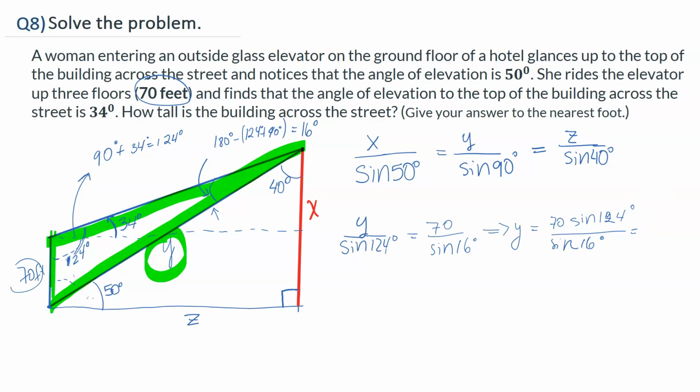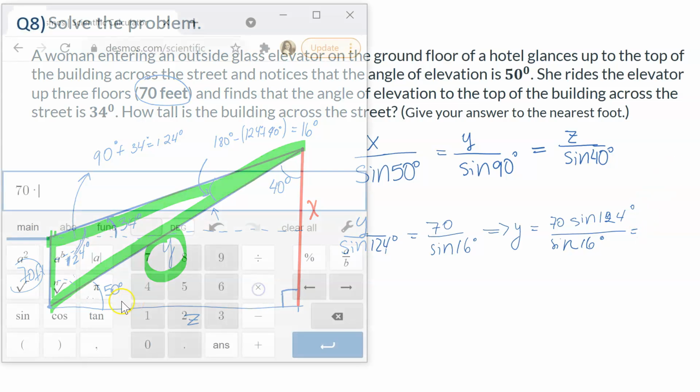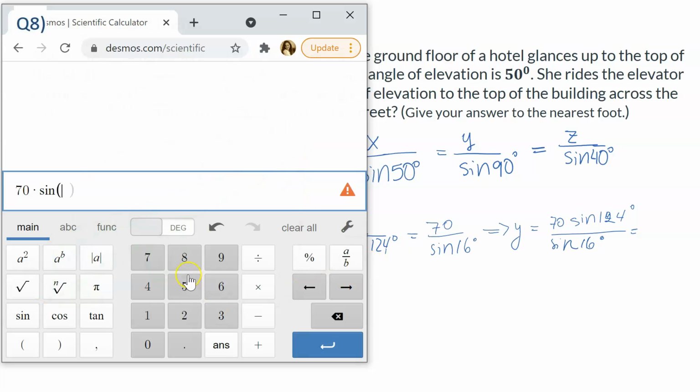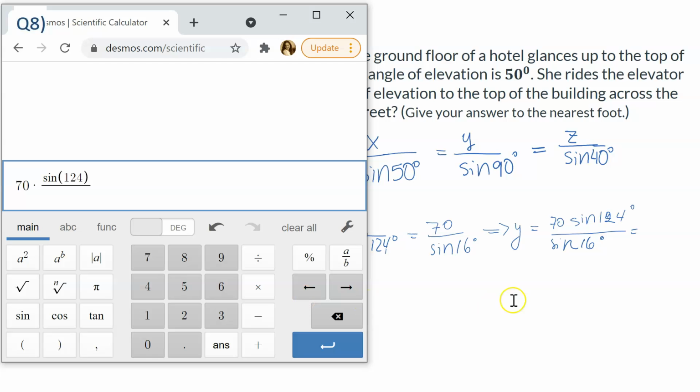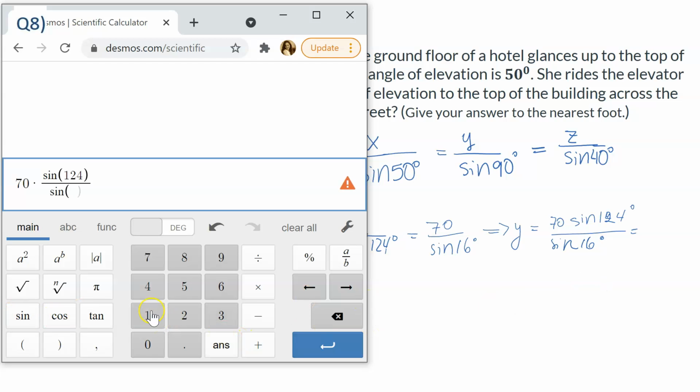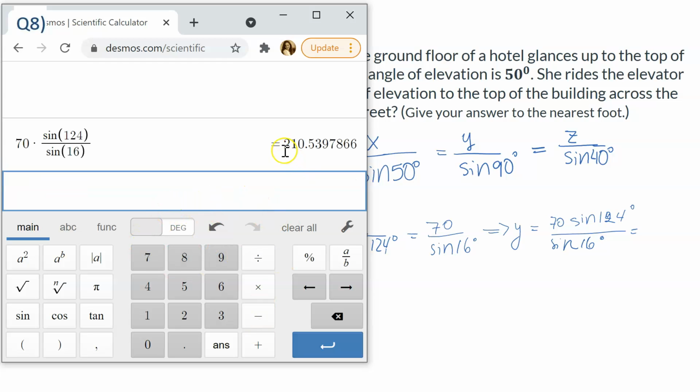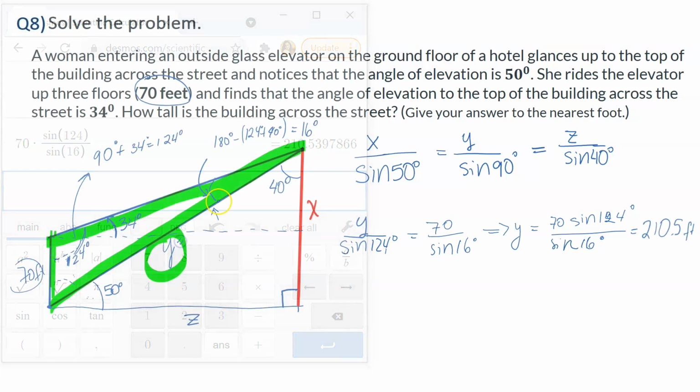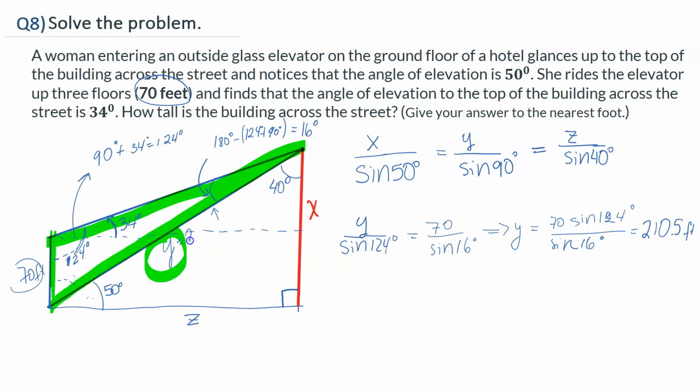I'm going to use Desmos calculator and enter our expression. 70 times sine of 124 divided by sine of 16 degrees. Make sure your Desmos calculator is set up to degree mode. It is equal to 210.5. So now we know that side y is equal to... actually, let's round it to the nearest foot, 211 feet.